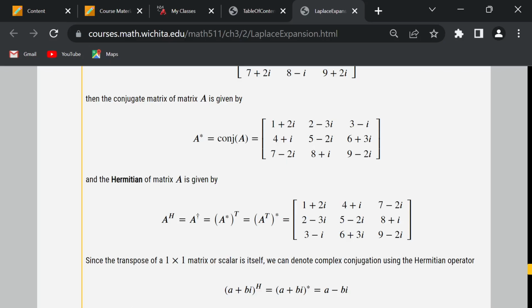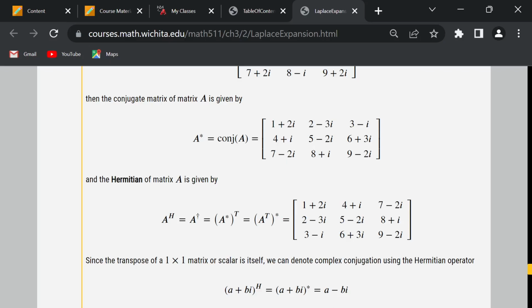The Hermitian is the conjugate transpose, not just transpose, but the conjugate of all the elements that you transposed.